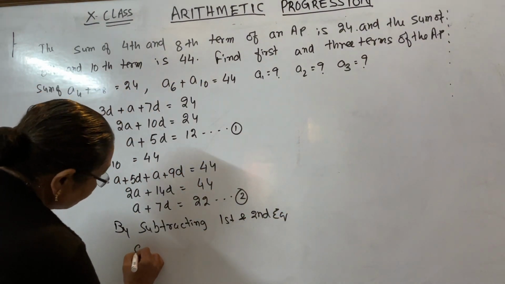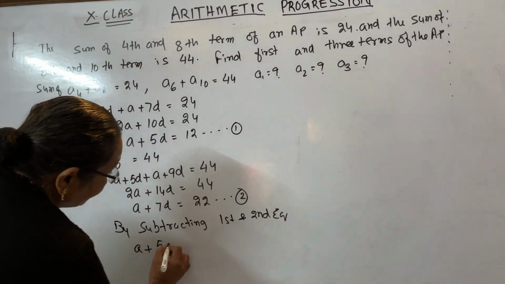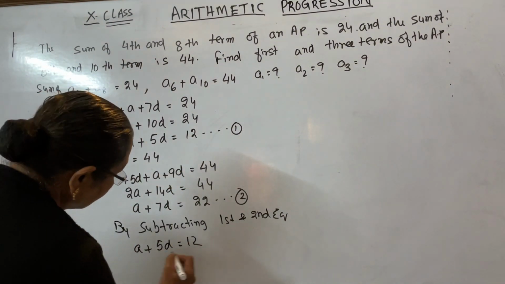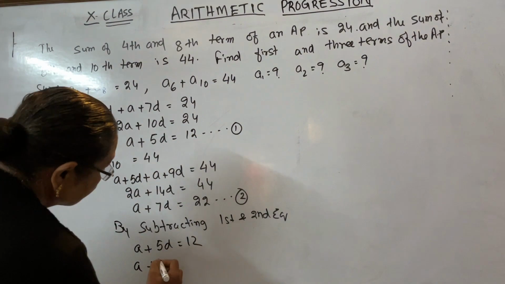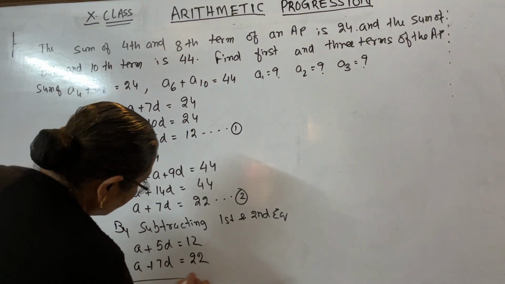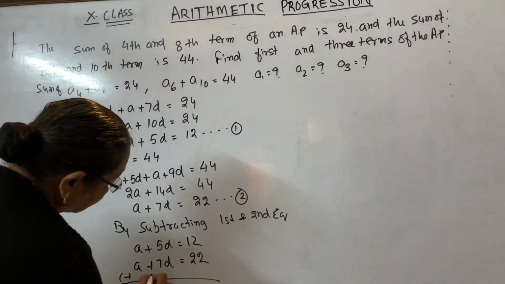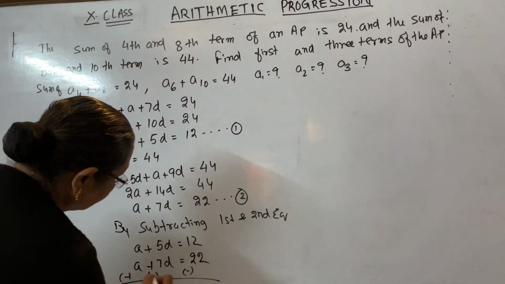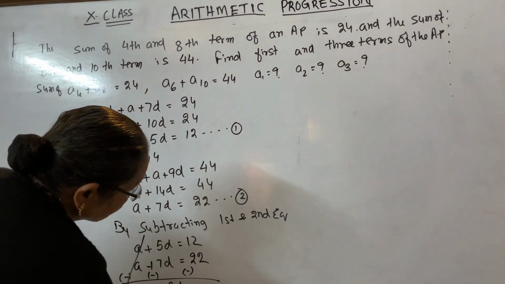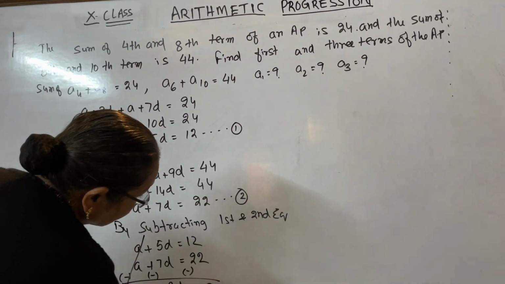First equation is what? A plus 5D equals to how much? 12. This one A plus 7D equals to how much? 22. Then minus, this one will become minus, this one will become minus. A gone, minus 2D equals to minus 10.